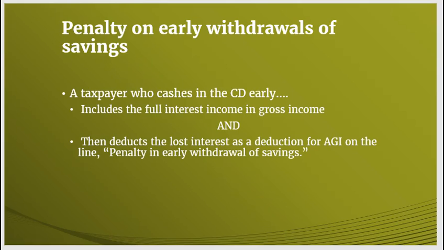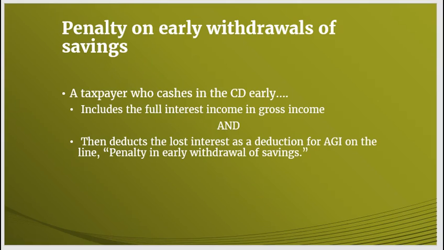Another adjustment that you could encounter is a penalty on early withdrawal of savings. If a taxpayer cashes in a CD early, they would include the full amount of interest that they received, but then they would deduct the lost interest as a deduction for AGI on the line as a penalty.